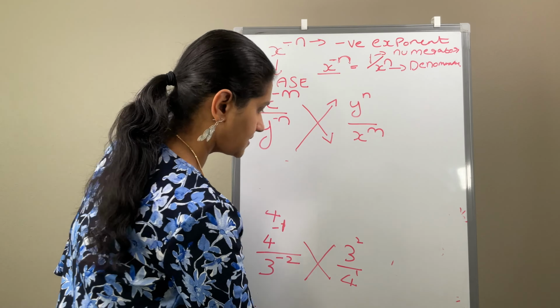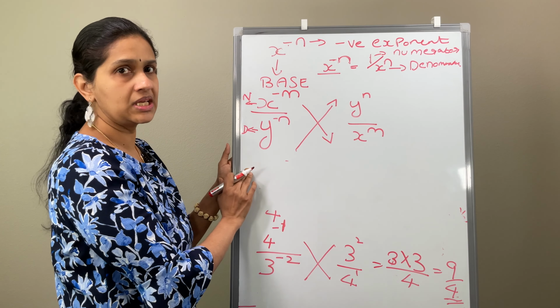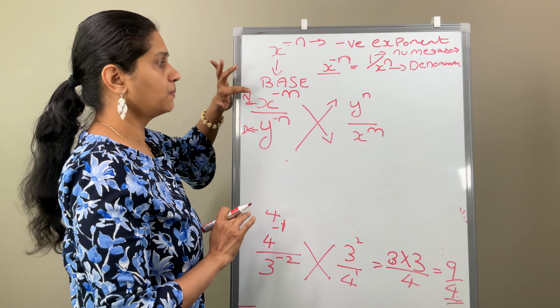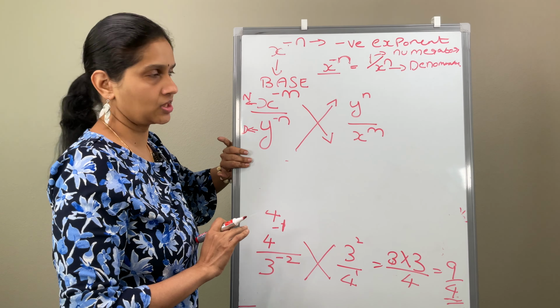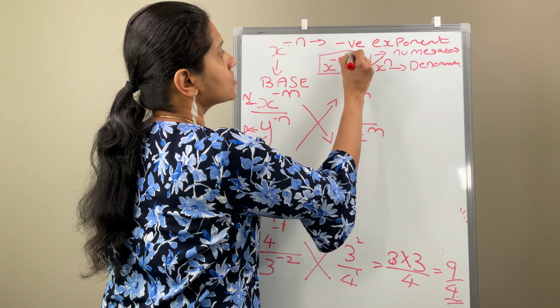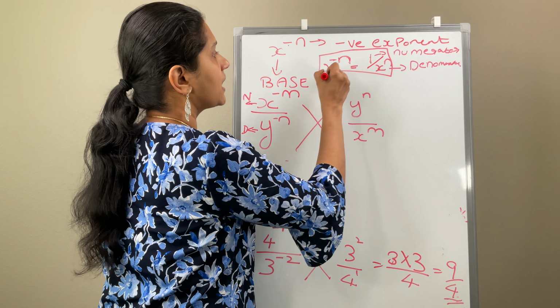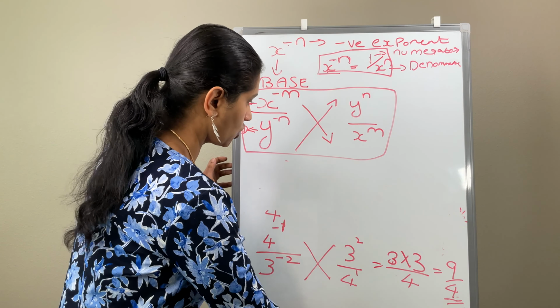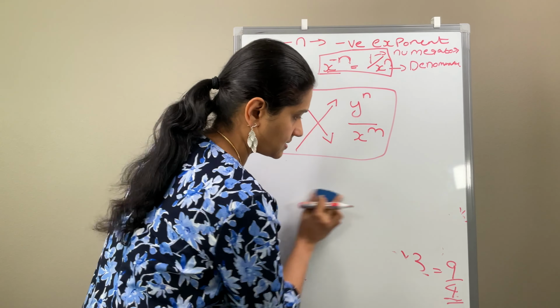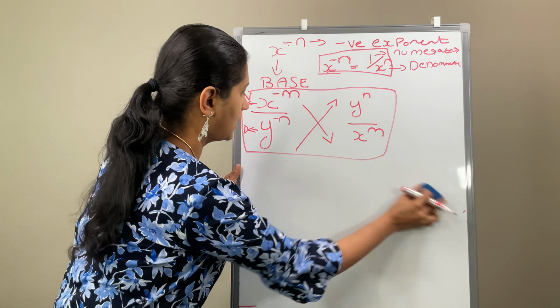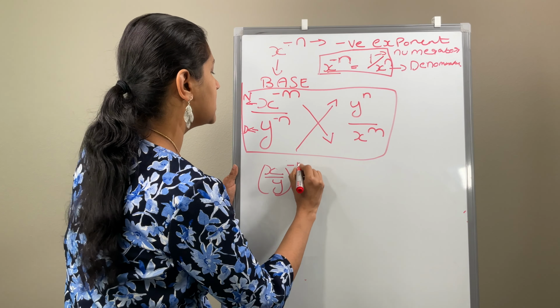So this is about the equation x to the power minus n by y to the power minus n, which means we have a negative exponent in both numerator and denominator. So this is the first concept, x to the power of minus n, and this is the second concept. Now let us see, there is one more concept, which is the third concept of negative exponents. The formula for that is x by y to the power of minus n.